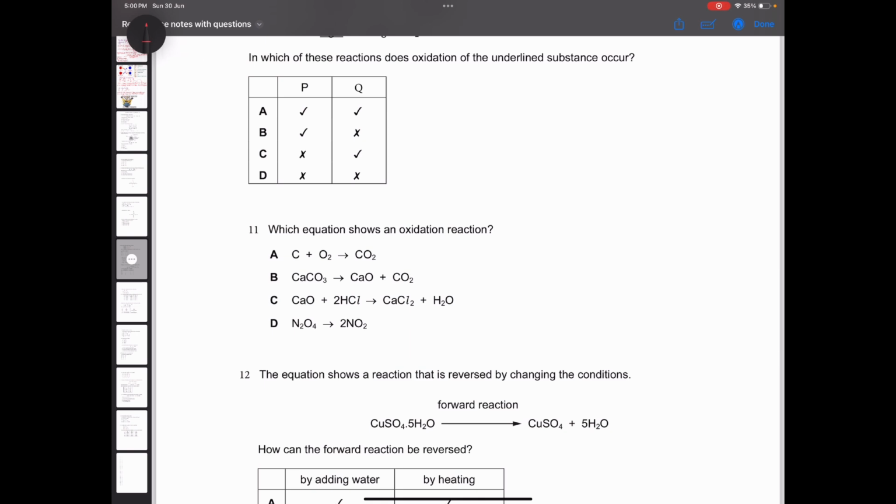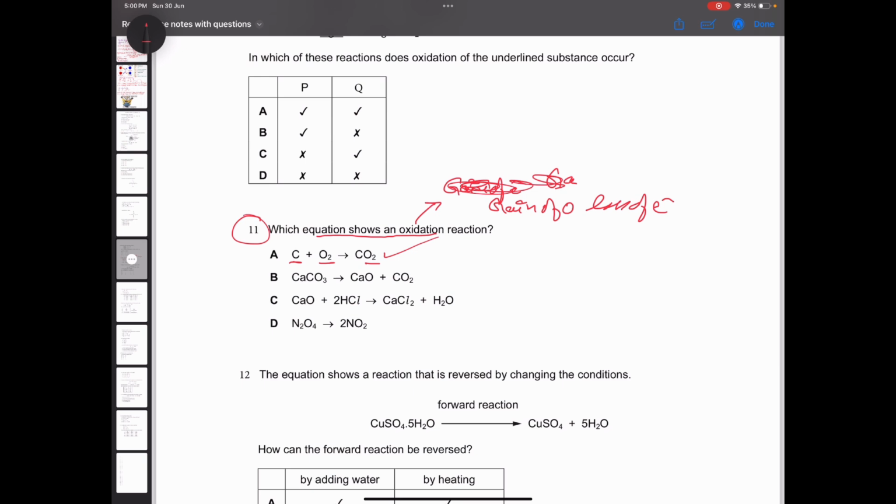Let's try question 11. This is a past paper question. They are asking to identify what is an oxidation reaction. Oxidation means gain of oxygen, loss of electrons. So is this gain of oxygen?